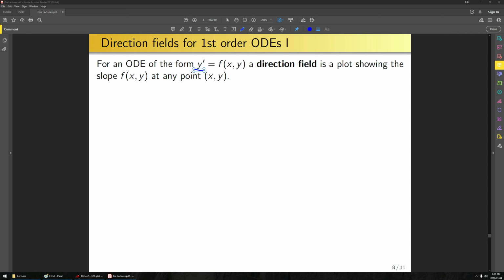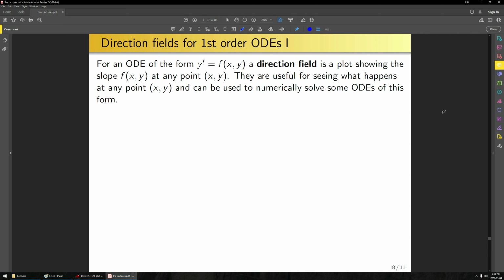Why might we want to know what a direction field is, or why is this useful? Well, direction fields, generally speaking, are useful for seeing what happens at any point x comma y. If I know what f of x comma y is at that point, then I know how y is changing at that point, and I can say, at this point, this is the direction of the tangent line.